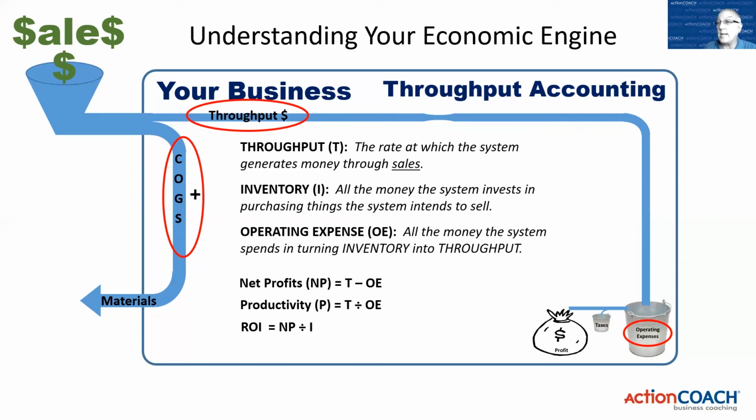So the money your system is earning divided by the money your system has tied up in future earnings. Okay, so if you're making $1,000 and you have $10,000 of inventory, your return on investment is 10%.